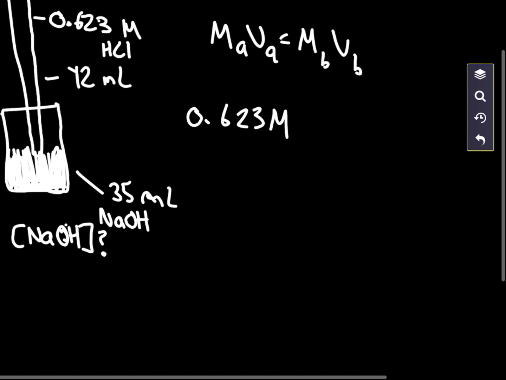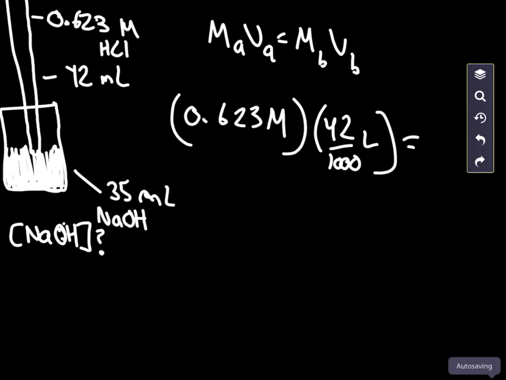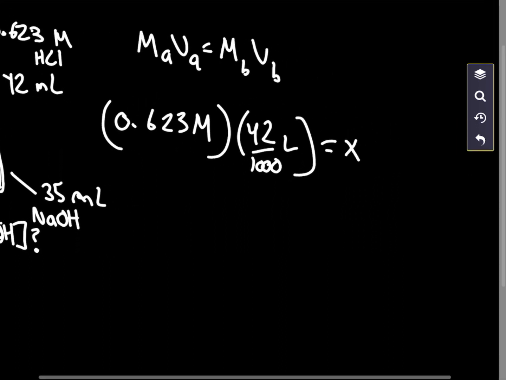And we know that the volume is going to be 42 over 1,000 liters, right? And this is going to equal our molarity of the base. We're trying to solve for that. Let's call that X. And we know the volume of the base. That's 35 over 1,000 liters.